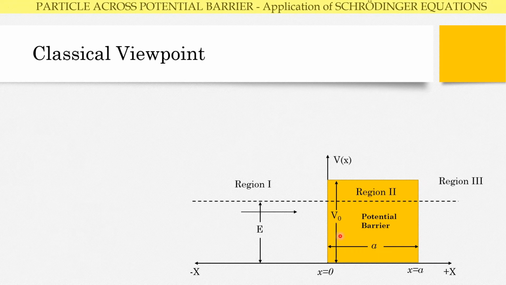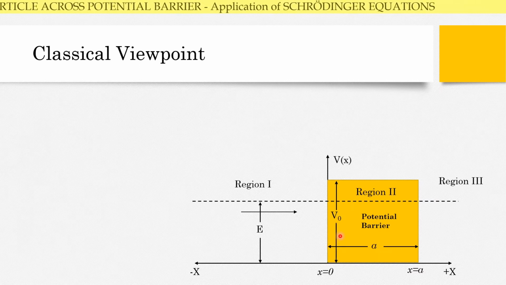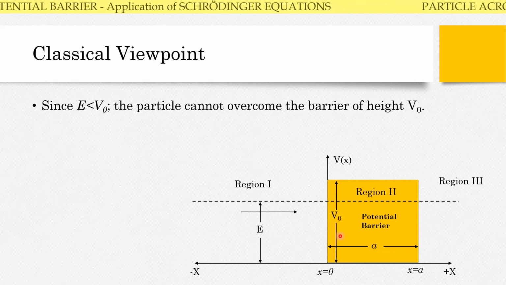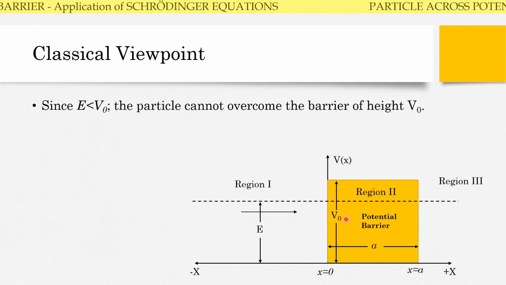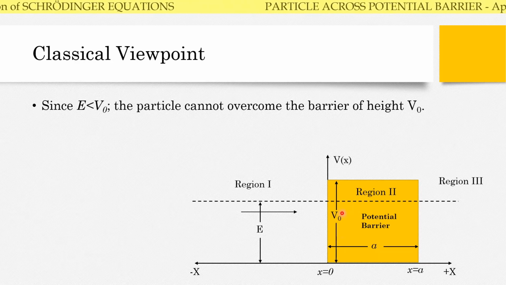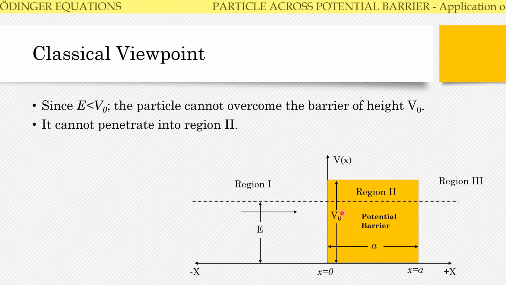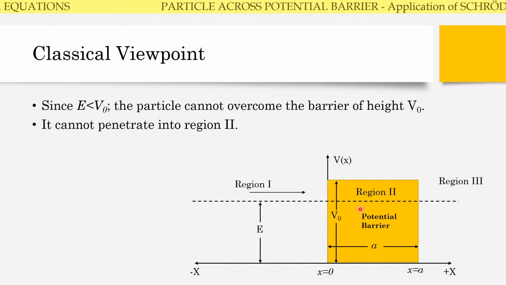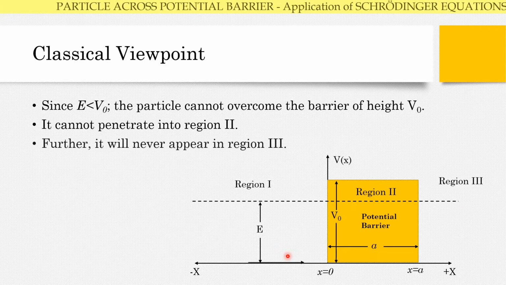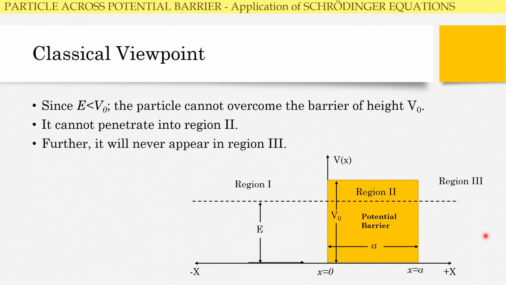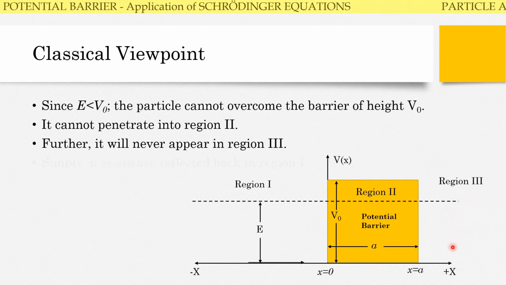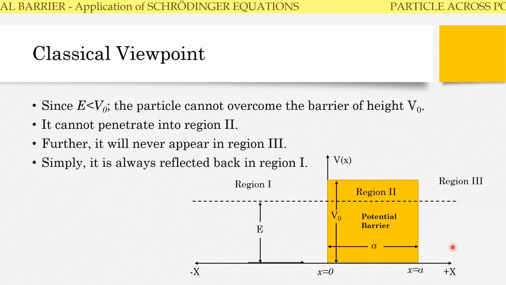Classical mechanics says that since a particle can behave only as a particle, if it carries energy less than the potential height, then it can never cross the potential barrier of height greater than its energy, and obviously it cannot penetrate into this region, and it will simply hit and reflect back into the region 1. So there is no probability of appearing of the particle in the third region, and it will always remain in the region 1.